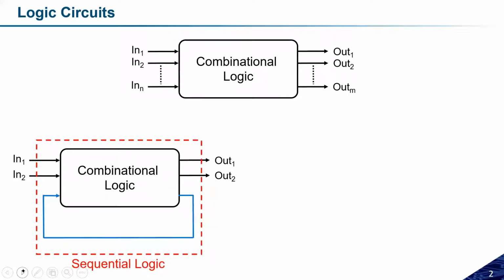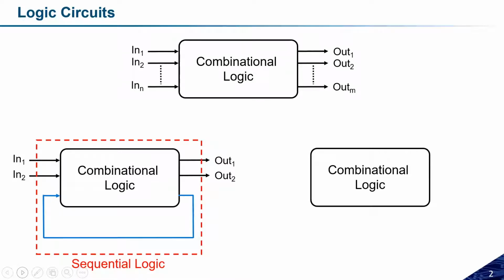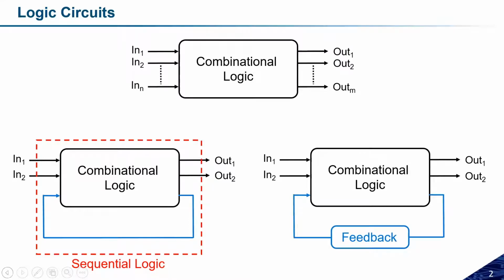A very important thing is that we are providing some feedback in this circuit. The feedback could be unity gain, or it could be something different. One combination is a unity gain feedback, as you can see in this figure, where the output is connected directly to the input, and it can act as a sequential logic circuit. The other combination is a combinational logic circuit with some inputs and outputs, where I connect the output to the input with the help of some feedback element.